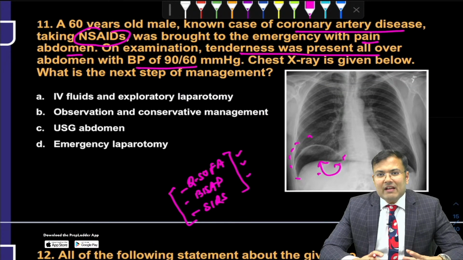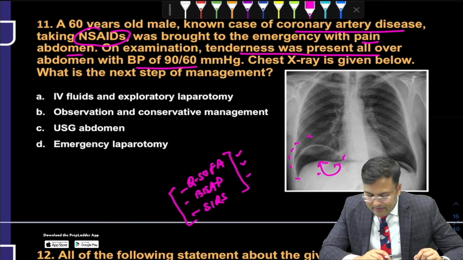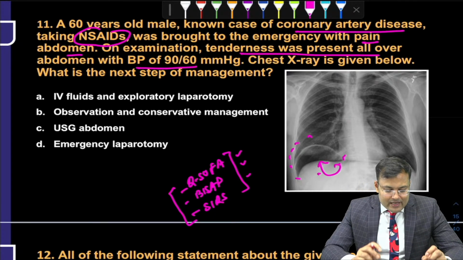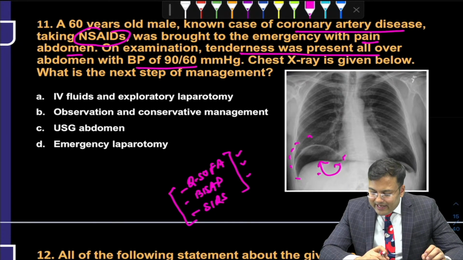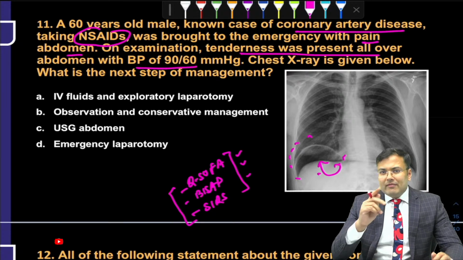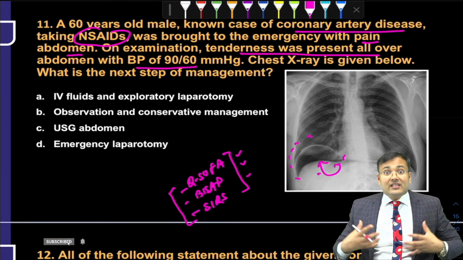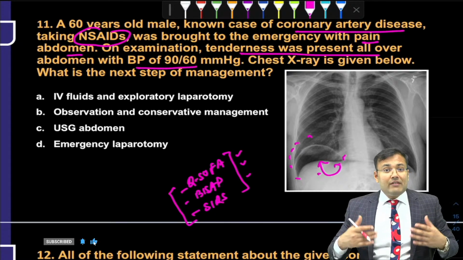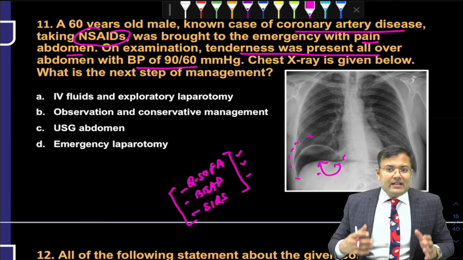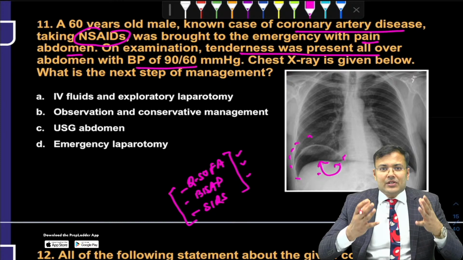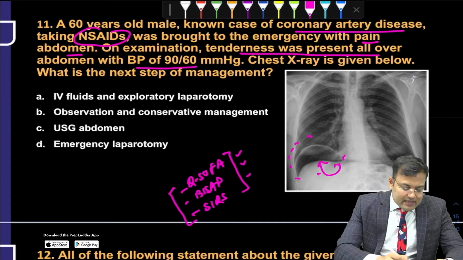So this patient is having perforation peritonitis. Yes, tell me, option number A or option number D? Whenever a patient of perforation peritonitis comes to your emergency, first you have to resuscitate the patient. So we have to give IV fluids, and after resuscitating the patient, we have to take the patient for laparotomy. So what is the correct answer?